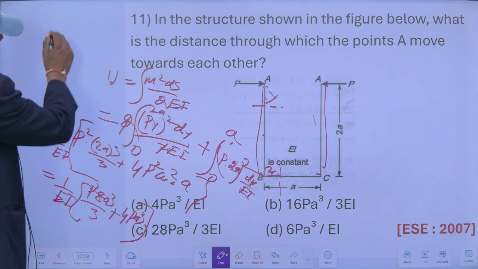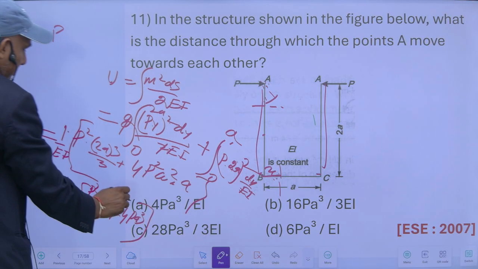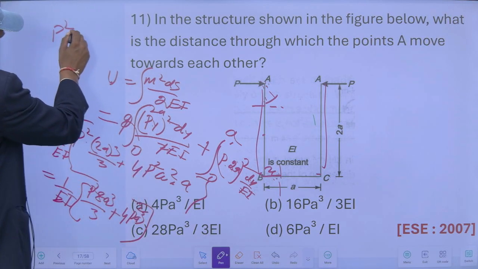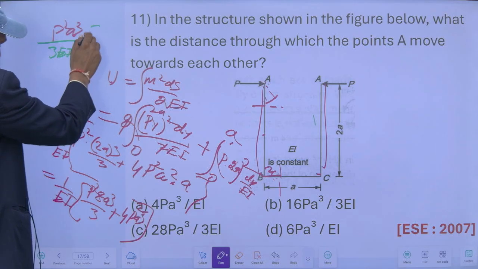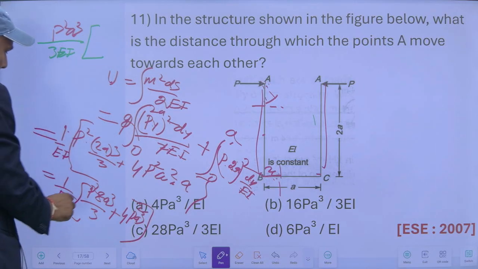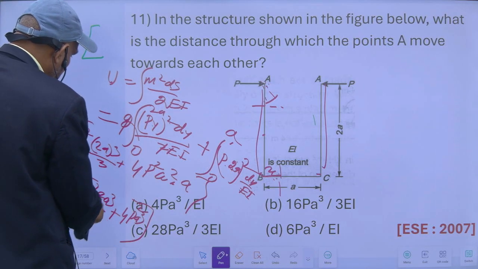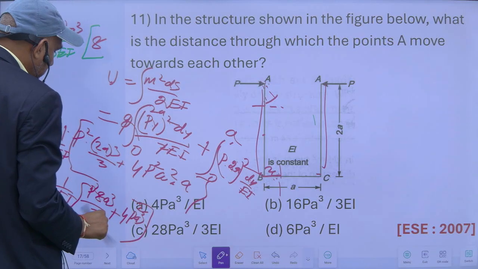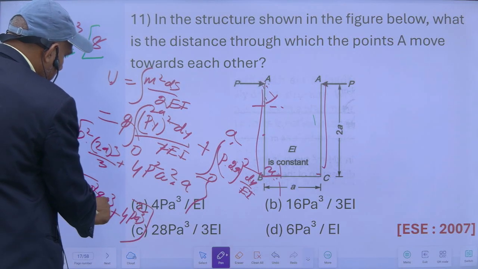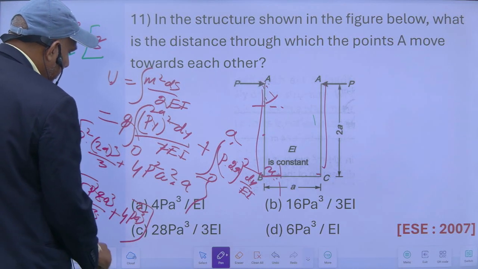If I take P square a cube upon 3 EI, so this will be 8 plus this will be 12.